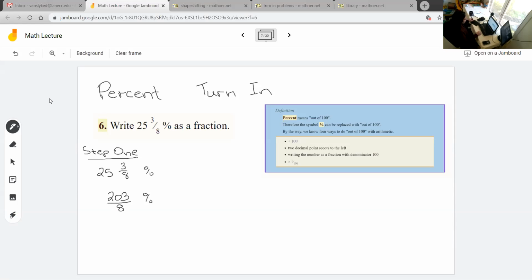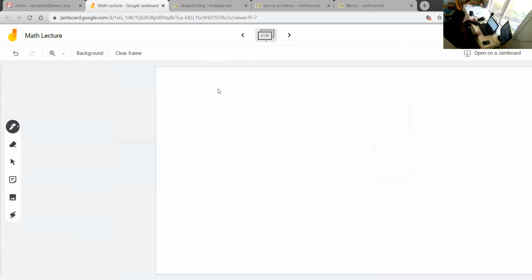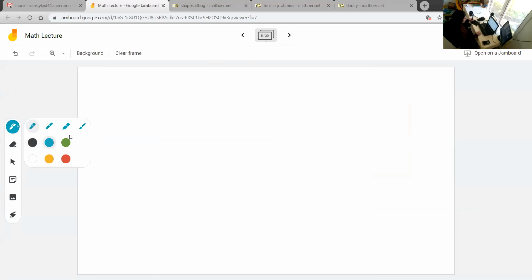If you need review of why that works, try it with some smaller problems. So why, for example, would 3 1/4 be the same as 3 times 4 is 12 plus 1 is 13/4? Well, draw some pictures.